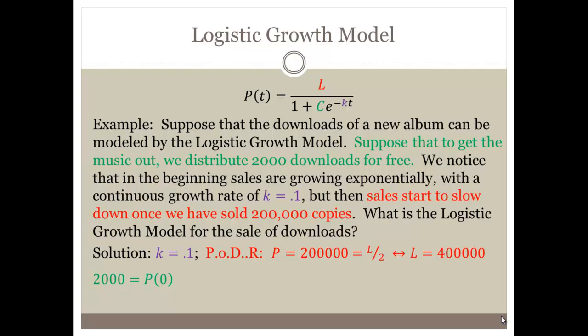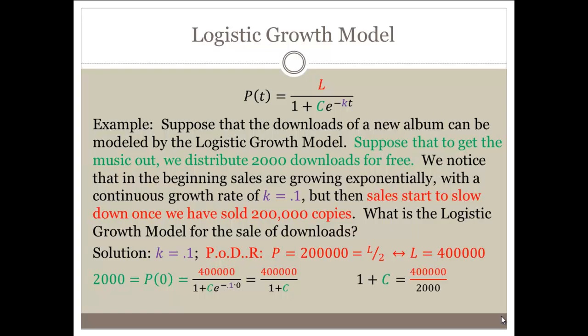Evaluating the model we have so far at t equals 0, we get 400,000, our carrying capacity, over 1 plus C e to the negative 0.1 times 0, since we're looking at time 0. We can simplify this using the fact that e to the 0 is just 1, so we can write this as 400,000 over 1 plus C.